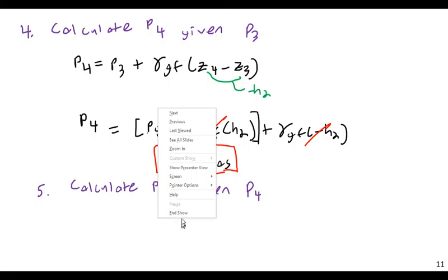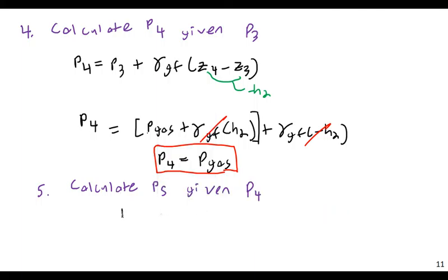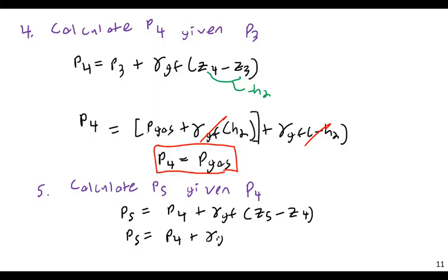Now, P5 is going to be equal to P4 plus gamma GF. So the pressure should decrease again because we're going up in the fluid. Z5 minus Z4. And I'm going to then have P5 is equal to P4 plus gamma GF times negative H3.